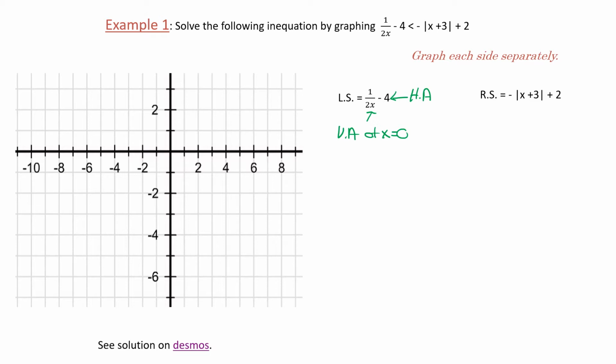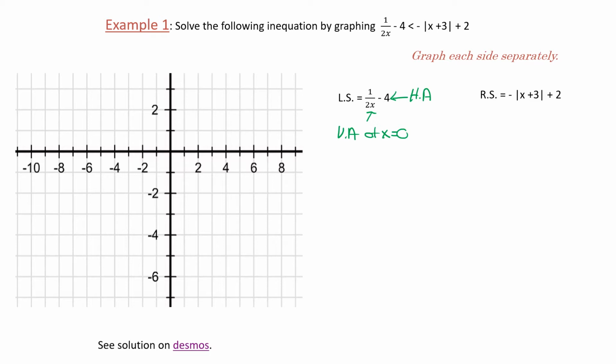So the parent graph is 1 over x, and we're dropping it down 4 units. So that's why we have a horizontal asymptote of -4. Our asymptotes will intersect at 0, -4.